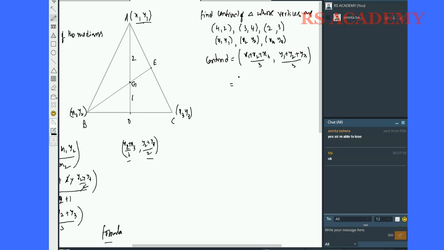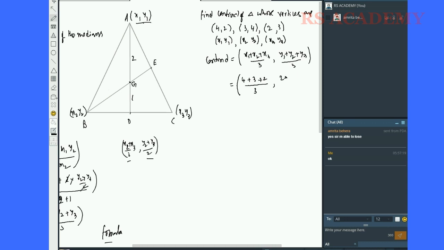So which is equal to: x1 is 4, x2 is 3 and x3 is 2, by 3. And what is y1? y1 is 2, y2 is 4 and y3 is 3.